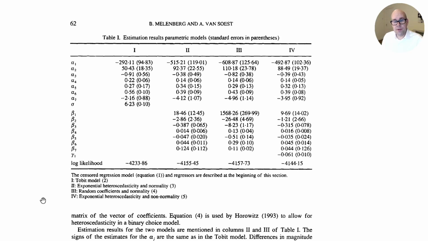What I would like you to do is to observe that we have alphas here and we have betas. So the alphas tell us something about the dependence of our y on our x. So that would be the beta parameter that we have seen before in the type 1 Tobit model.